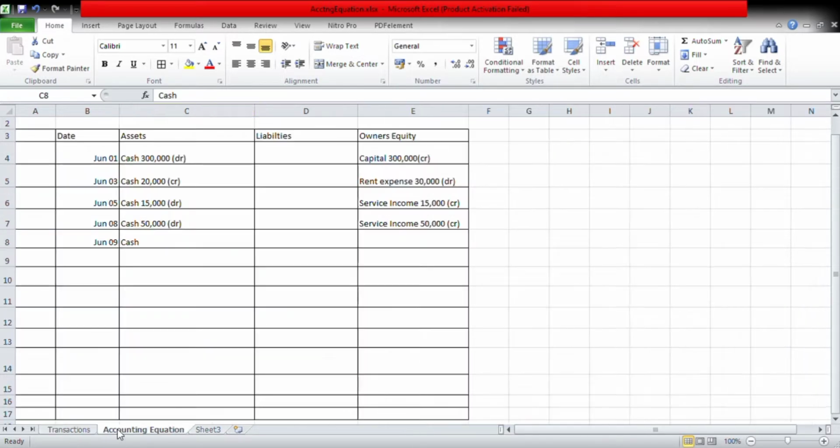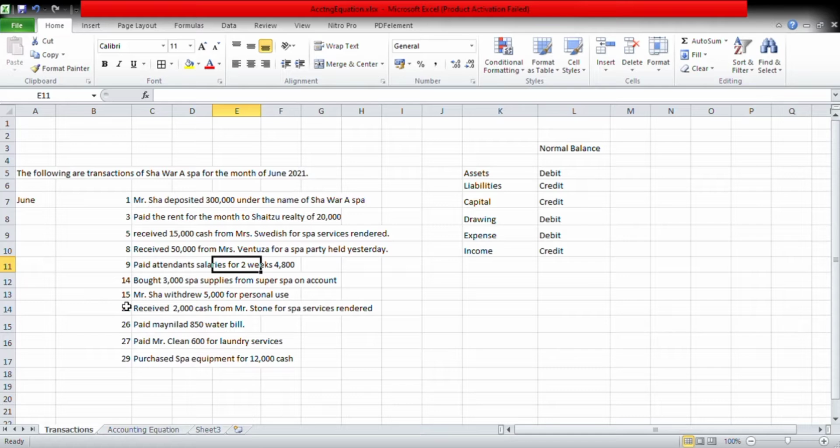For 8,000. I'm really not good at remembering the amount. Since we're paying an expense, cash is credit. Salary expense, 8,000, debit.